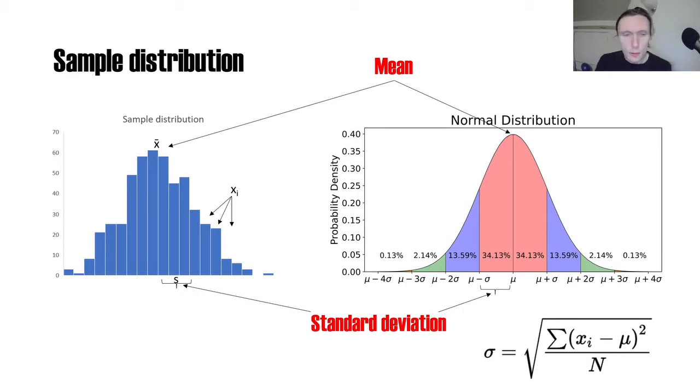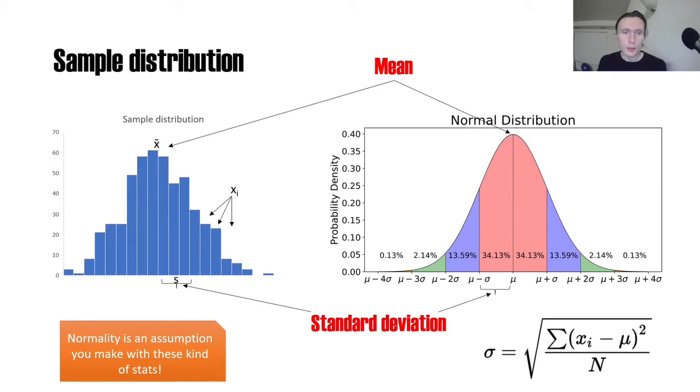Now, one important thing, before I ramble on too much, is that when we want to do statistics with this normal distribution, then of course our sample distribution on the left needs to be normal, right? And with normal we mean this symmetrical bell-shaped form. It shouldn't be a square, it shouldn't be skewed, it should be approximately looking like this.